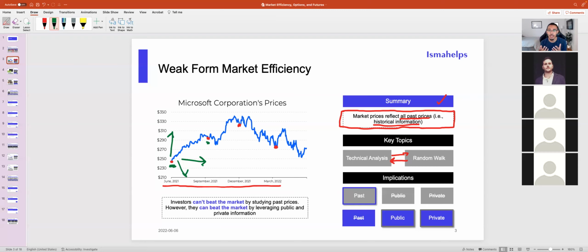Analysts and academics are still struggling to understand why it crashed at that date. They can't figure it out. That's extremely relevant, and the underlying reason is this idea of the random walk. We cannot predict anything based on past information.